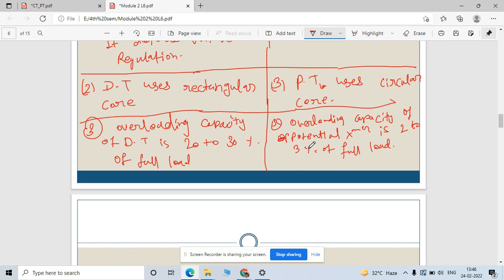Okay, so these are the general basic differences between the distribution transformer and the potential transformer.